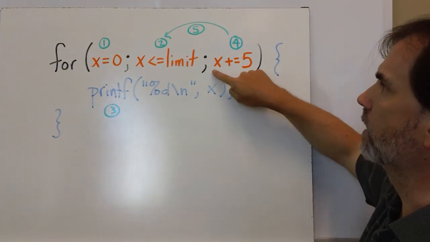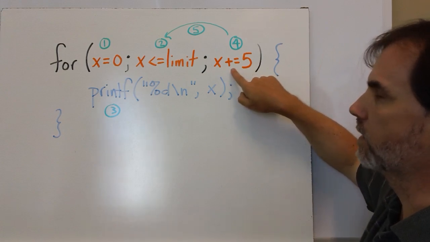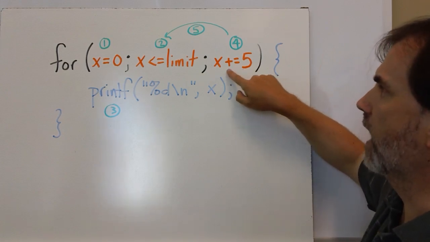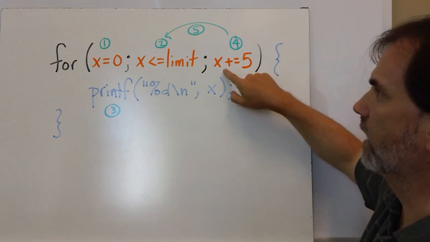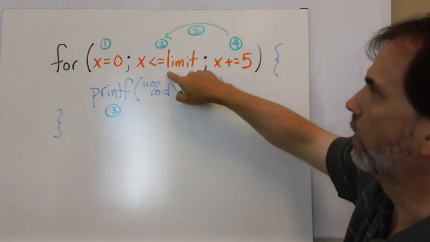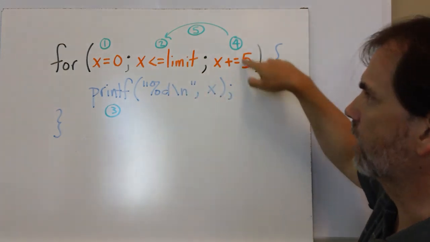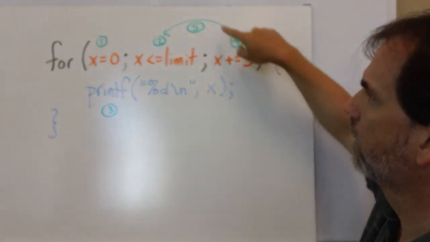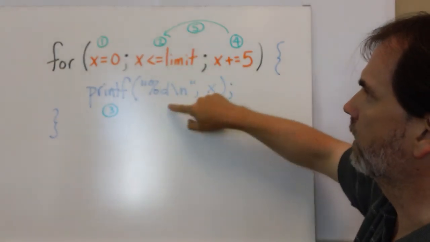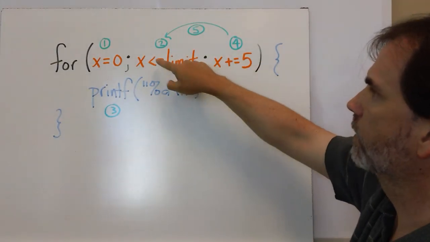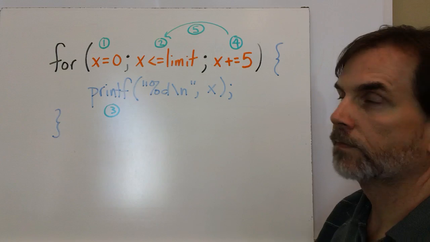Again, this reinit is an expression. It has a side effect. It's an assignment. So we add 5 to x and store the result in x. After the reinit is evaluated, we go and evaluate the test and decide. This is our loop here. True, we go here, here. True, we go here, here. False, we exit. Okay?